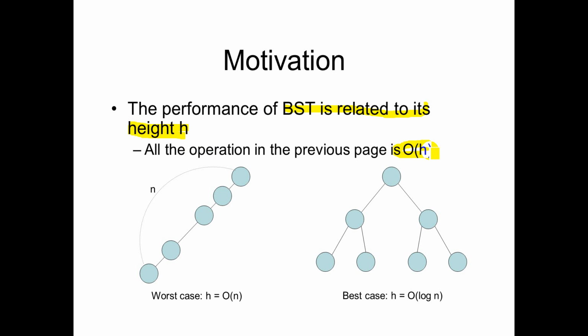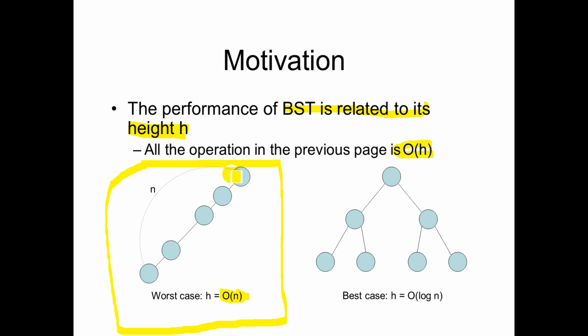I think we all know about it. The issue is that in the worst case, it could be O(n), order of n, where n is the number of items or nodes.